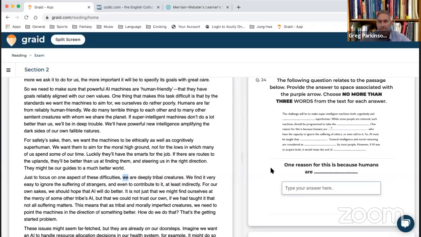So we must be humans. So there's an example where if you start searching for one keyword and you find it difficult to find, then switch over to another keyword. So humans are we, and we are, this must be the answer here, deeply tribal creatures.